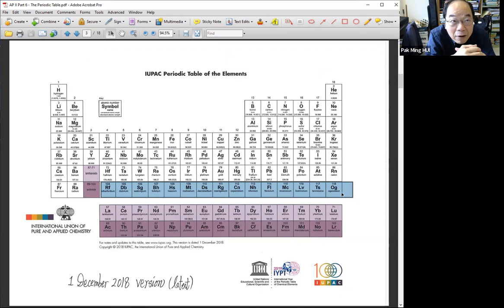So even up to now, I think there are big groups in Germany, in California, and also in Russia. They are aiming at making bigger and bigger atoms, extending the periodic table. But they are short-lived, so you will not find them naturally on Earth after uranium.